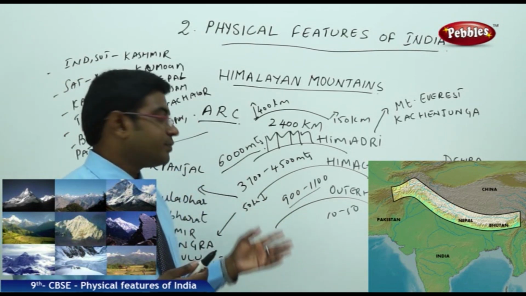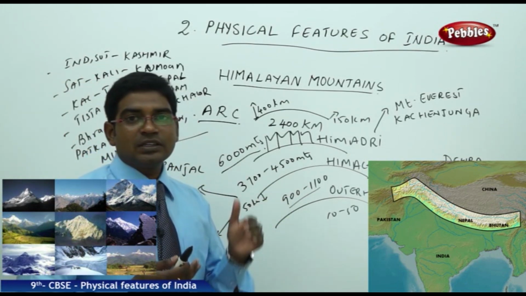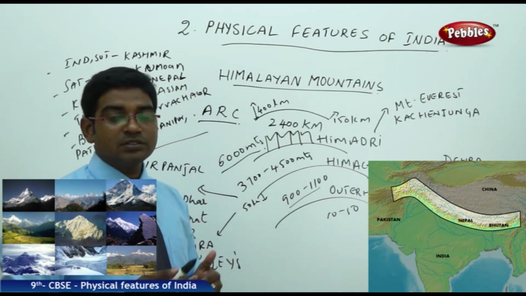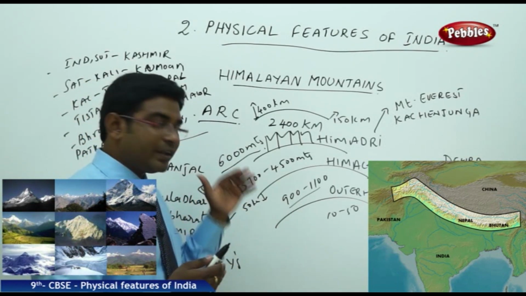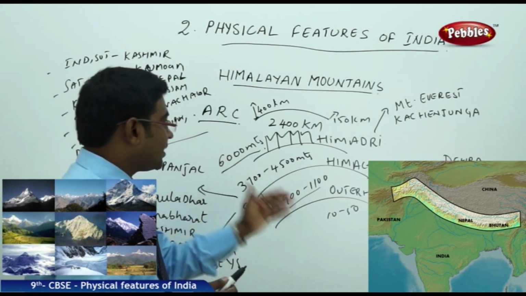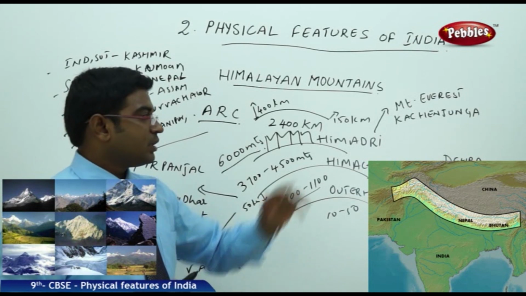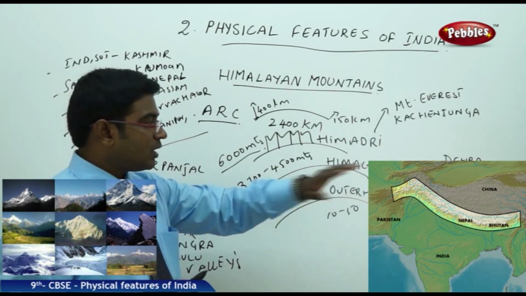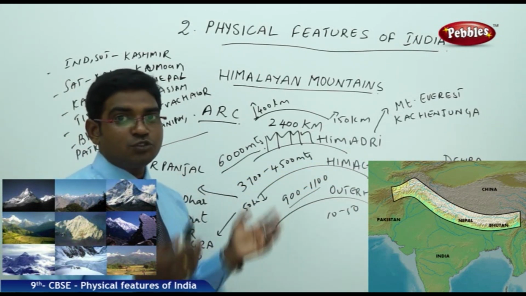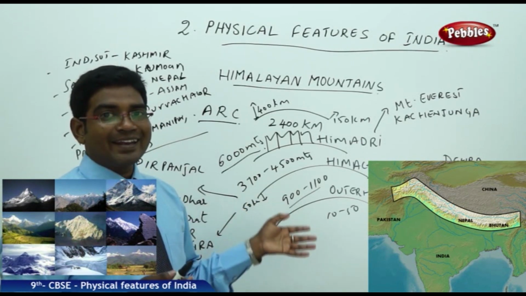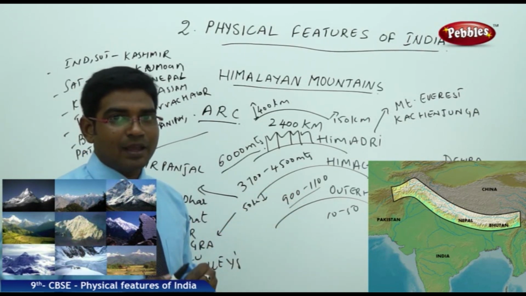The special attraction of our outer Himalayas is that they are discontinuous mountain ranges. They are very small. The average height is very low when compared to Himadri or Himachal. And here the most beautiful places are Dehradun, the Kotli Dune and the Patli Dune. These dunes are another important attraction of the outer Himalayas.